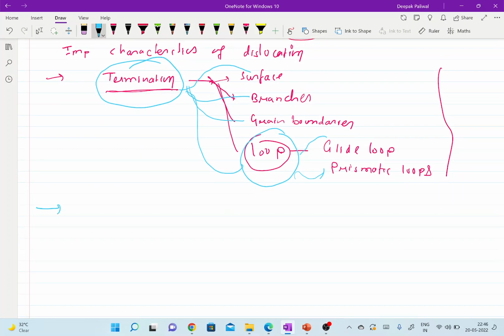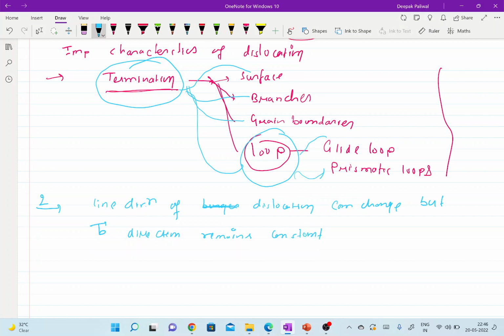The second characteristic is the line direction of the dislocation. Sorry, I was calling it Burgers vector. So the line direction of the dislocation can change, but the Burgers vector direction remains constant.